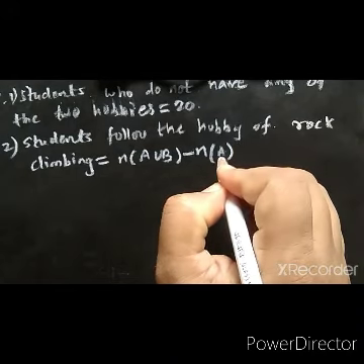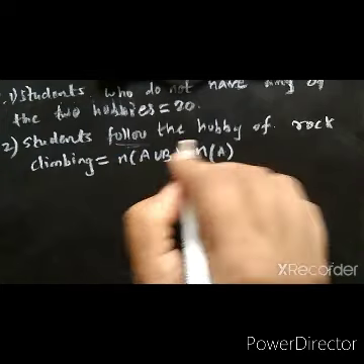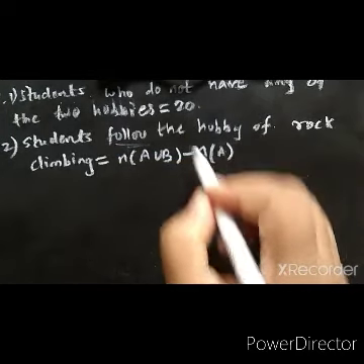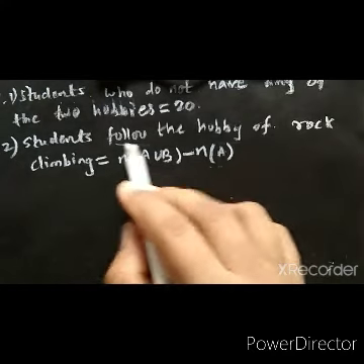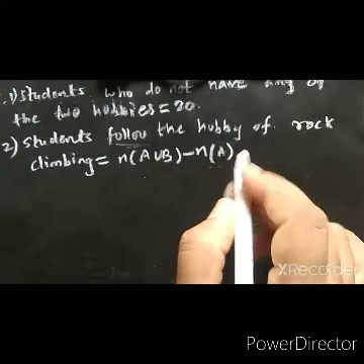Here we have to find those who follow it. So we cancel this n of A from n of A union B, then we will get the students who follow the hobby of rock climbing.